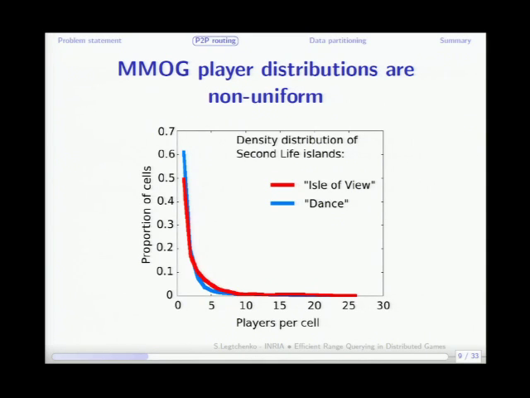What we can see is that there are a few cells that are highly overloaded, whereas the rest of them are more or less empty. This is consistent with other studies that have been done for other MMOGs. So the distribution inside the MMOG game space is highly imbalanced, which in turn degrades the routing process.